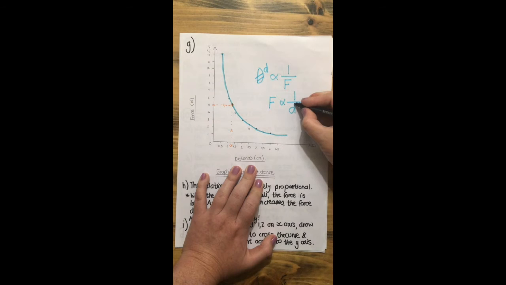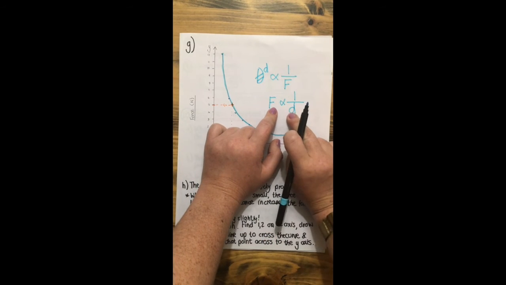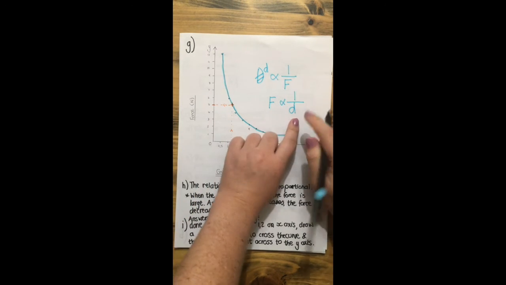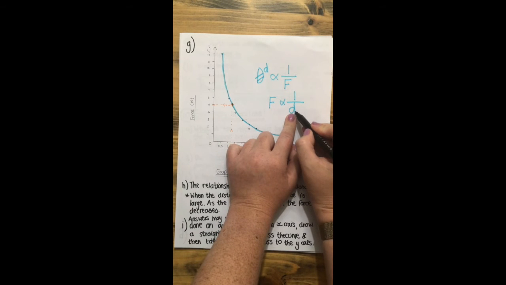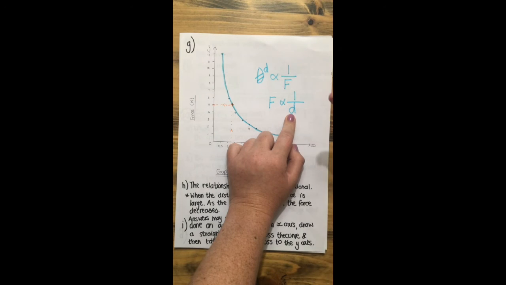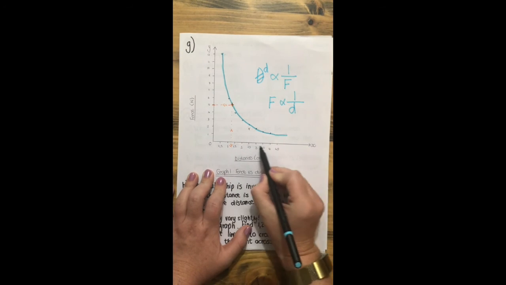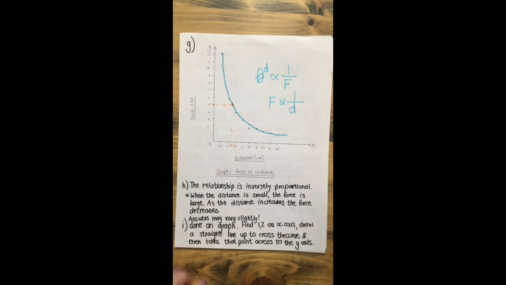So think about it as something being in a denominator. As it gets bigger, the actual fraction gets smaller. 1 over, if we substitute 2 in here, half. If we substitute 4 in there, it is a quarter, which is actually smaller than a half. So as the distance increases, the force actually decreases.